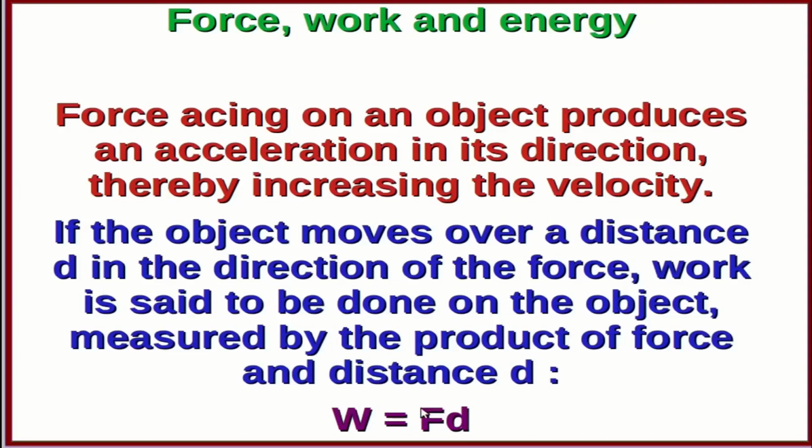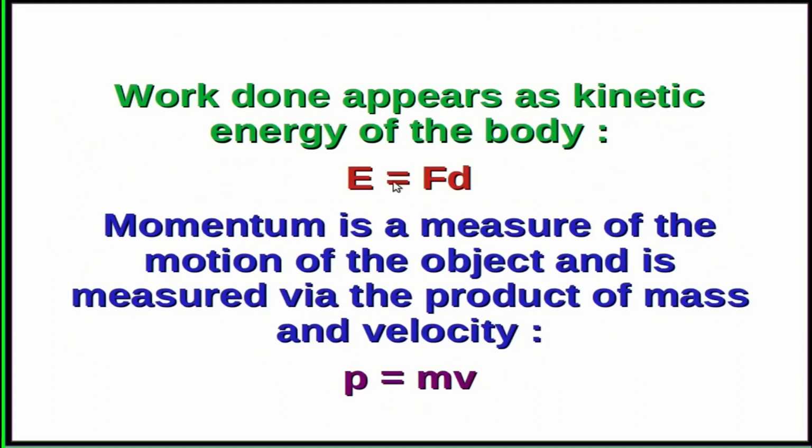So we have to consider the component of the force along the direction of the movement and take the product with the actual distance travelled along that direction. Now it is this work done which appears as kinetic energy of the body. So kinetic energy is a measure of the work done by the applied force on the object.